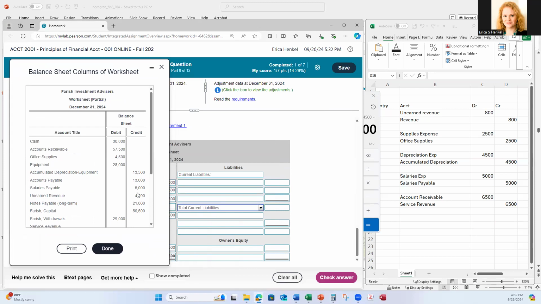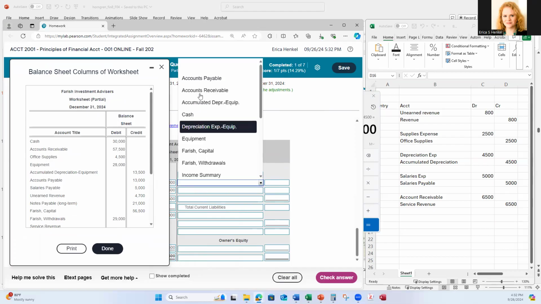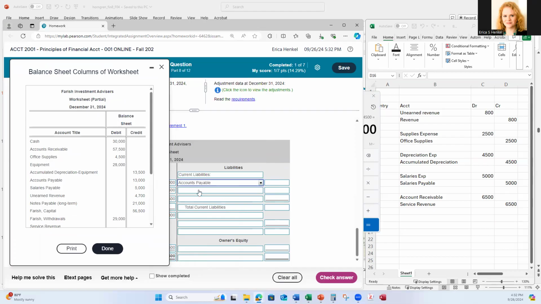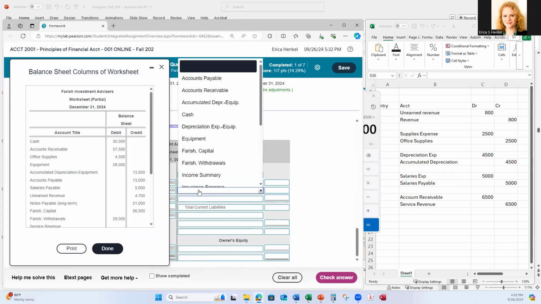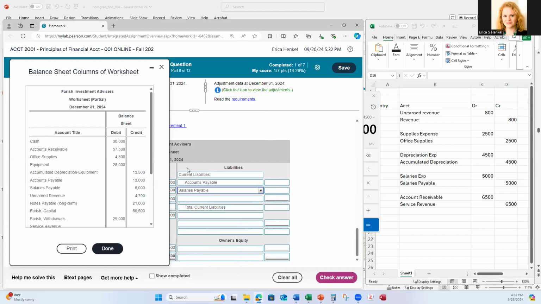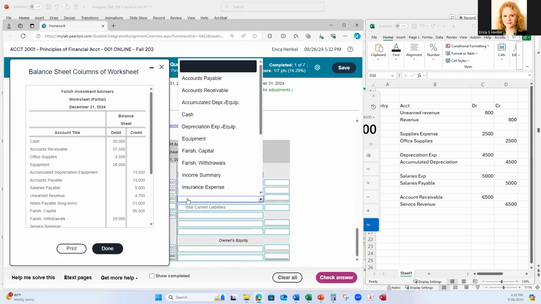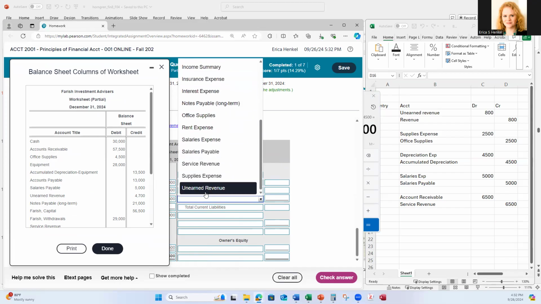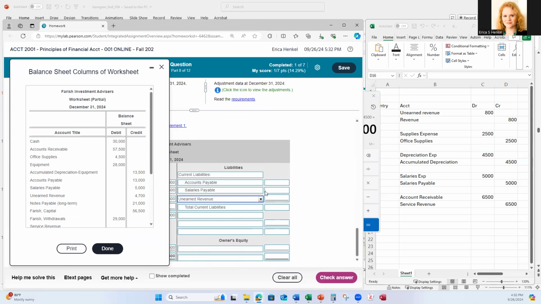So then we're just going to look here and say, all right, which of these liabilities are current and are going to require use of our assets or cash within 1 year? So we've got accounts payable because those typically get paid monthly. Salaries payable because people expect to get paid usually within a few weeks of working. Unearned revenue, if people pay us in advance, usually they're going to want to get their stuff within a year also. So we'll carry those balances in.